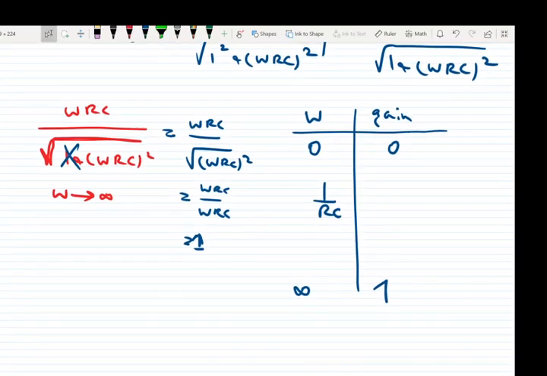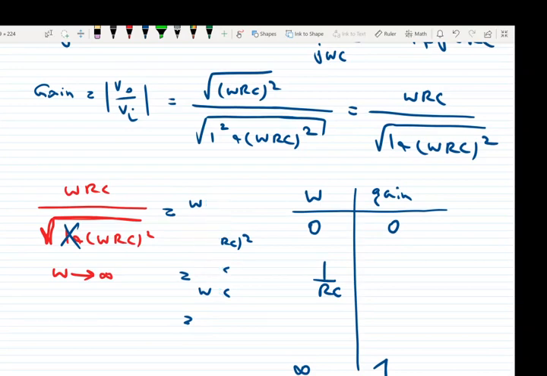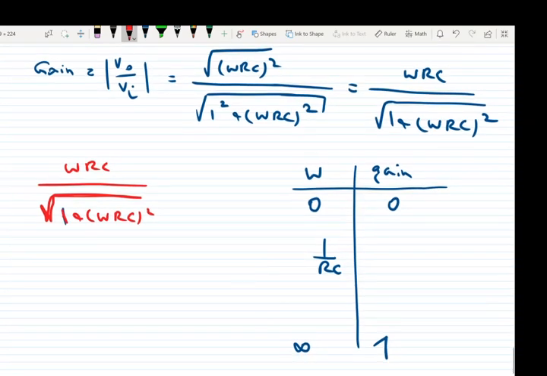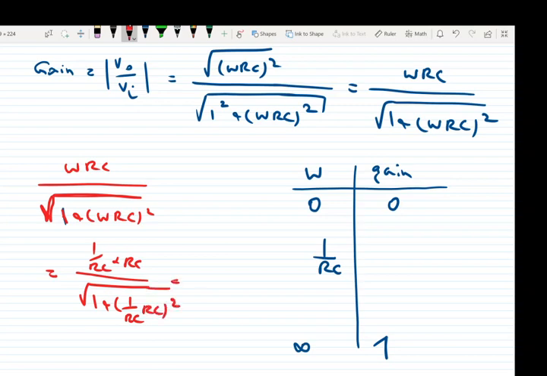If omega is 1 over RC, let's just find the output. It will be equal to, instead of omega, we put 1 over RC. So 1 over RC times RC over the square root of 1 plus (1 over RC times RC) squared is equal to 1 over the square root of 1 plus 1, which is 1 over square root of 2.